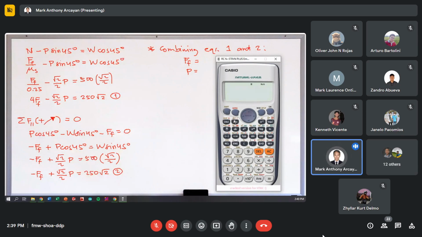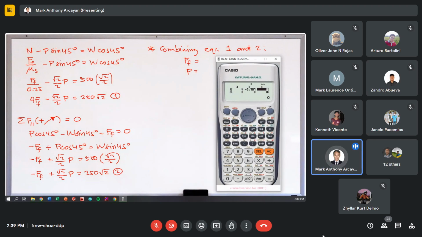Okay, ato input mode equation choose 1. So equation 1, 4 ang iyahang coefficient sa F. Negative square root of 2 divide by 2. Negative square root of 2 divide by 2. Press equal sign.